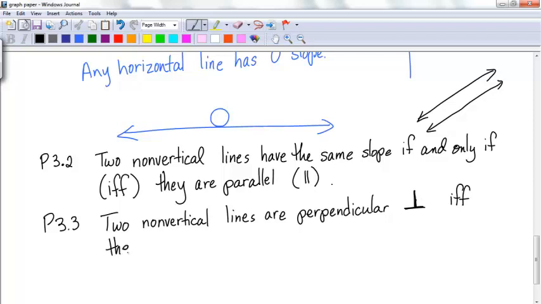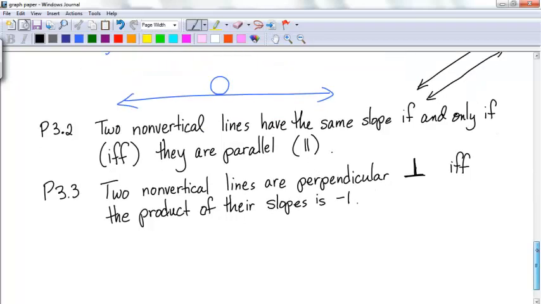The product of their slopes, product means multiply, the product of their slopes is -1. Okay, so they will write that the slope of the first line times the slope of the second line equals -1. An example, if I said the slope of one line was 3/4, what's the slope of the line perpendicular to it? -4/3.